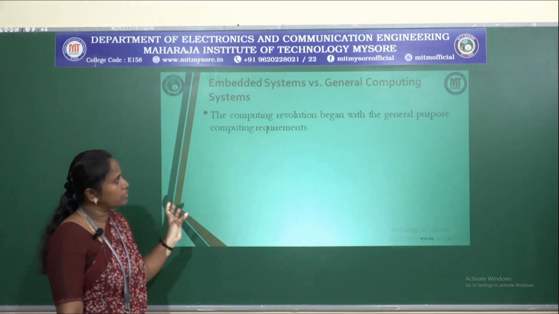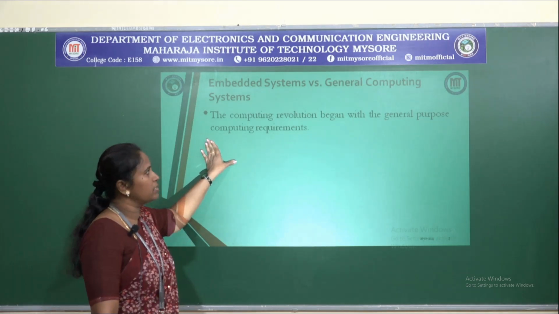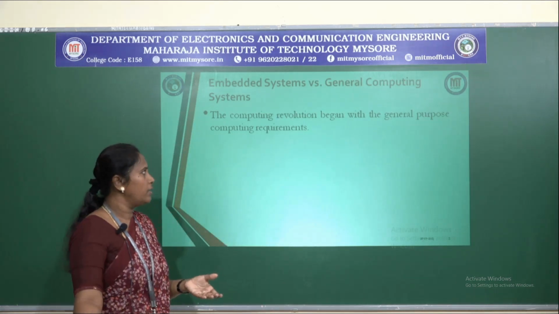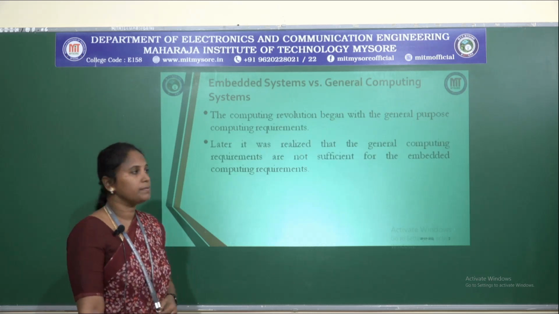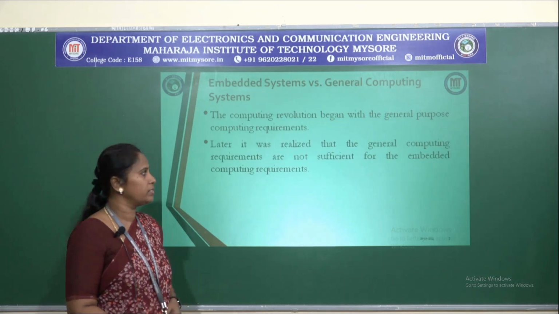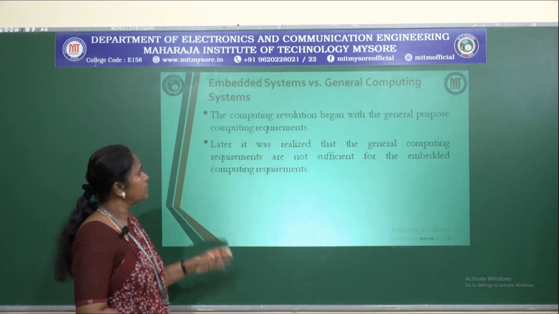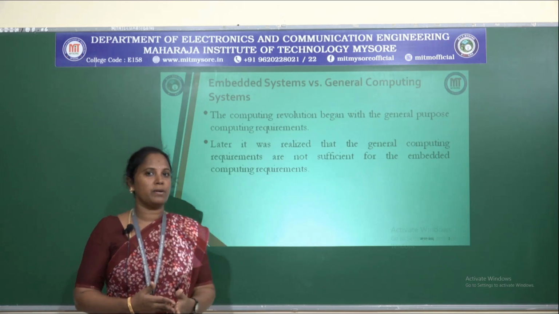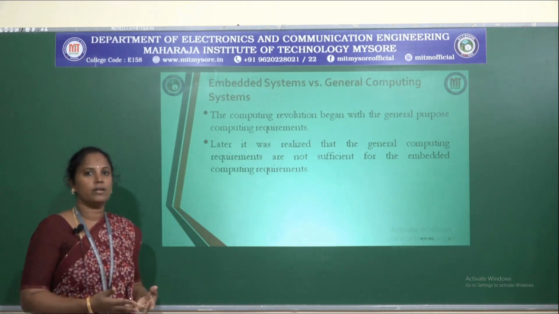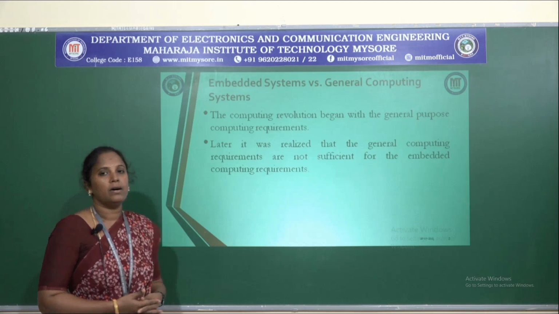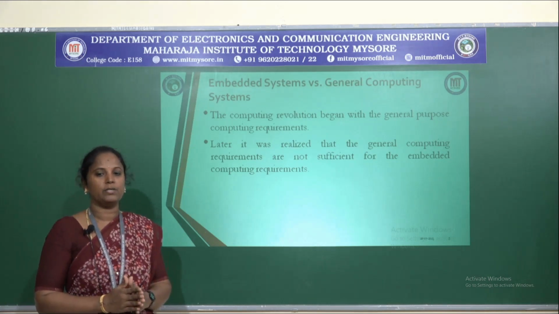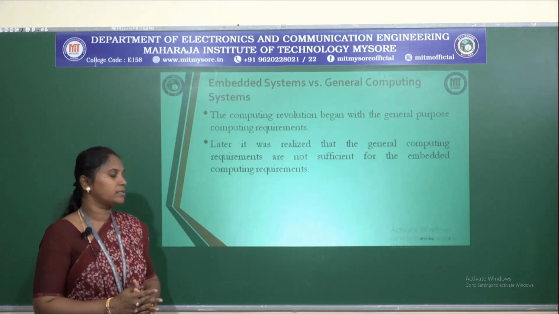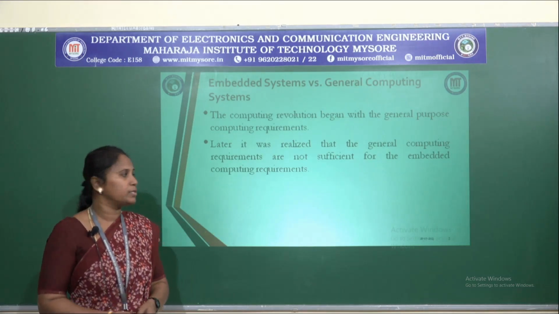The general computing system came into existence with general purpose computing requirements, in the sense of general purpose application areas where we are going to use it. But a general purpose requirement alone was not sufficient. So later on we thought of having only specific applications done. That is with respect to the design of your embedded system, so that the requirements can be satisfied.